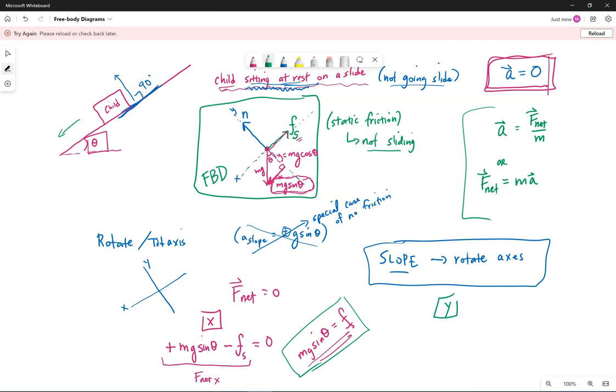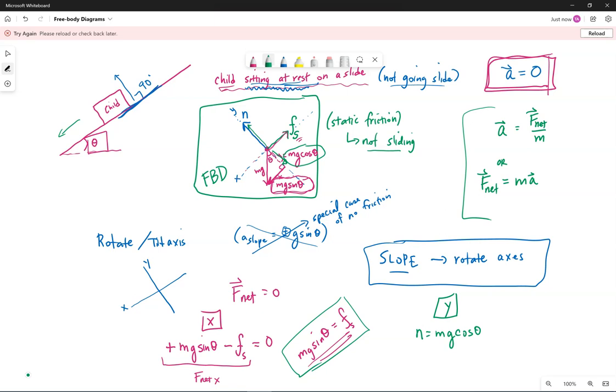If we think about the y direction, coming back to our free body diagram, we have the normal force pointing in that y direction, but we have this component of gravity pointing in the negative y direction. Again, since there's no acceleration, we could totally jump to saying the normal force needs to equal mg cosine theta. Those y components of force need to balance out, because if they don't balance out, there's going to be an acceleration in that direction.